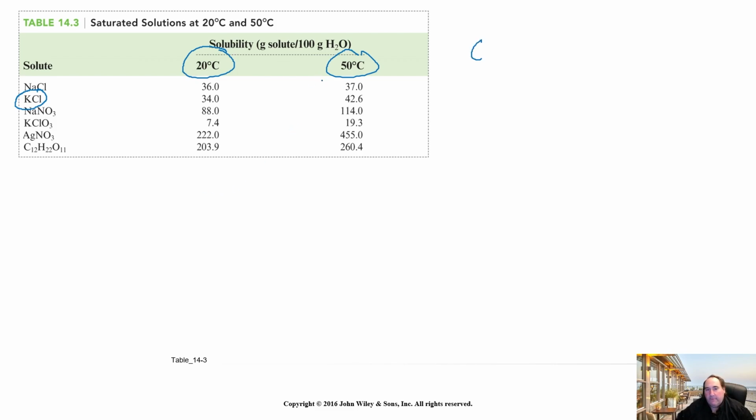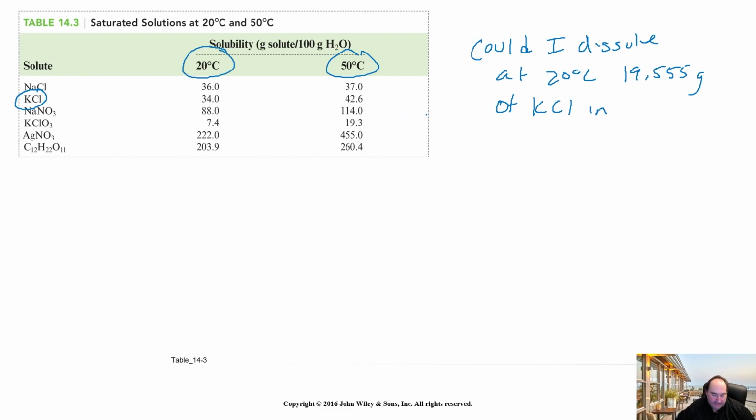Could I dissolve, at 20 degrees Celsius, 19,555, why not, grams of potassium chloride in, I don't know, 625 grams of water? That's maybe what I want to do there.